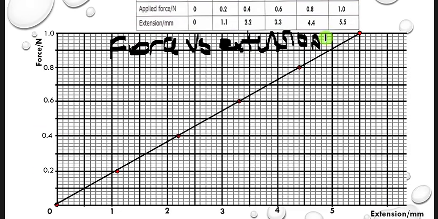Then you draw. There's nothing where you say scale. There are some people that put a scale, to say maybe if from here to here it is 1 centimeter, then you say 1 centimeter is equal to how many units here? 0.2. That is the y-axis.